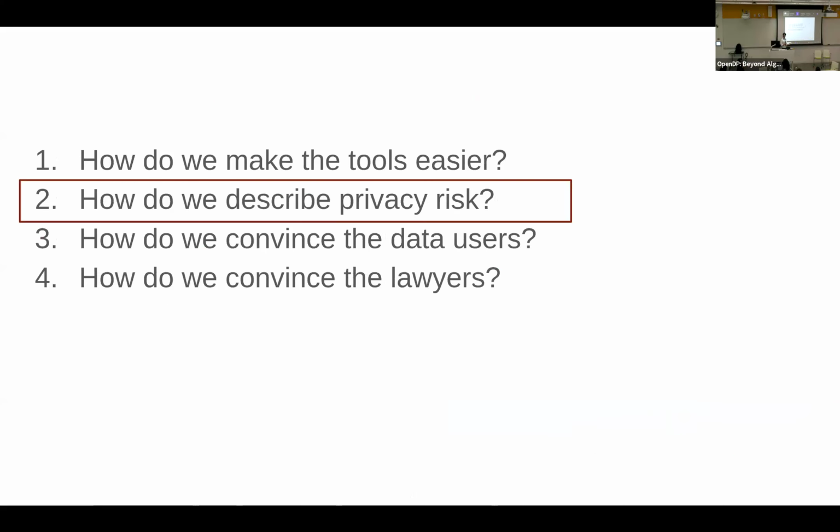Okay, so how do we describe privacy risk? This has come up over and over again. I think we're getting to the point where people are like, we're never going to explain epsilon perfectly. We need to take some other approach to this.